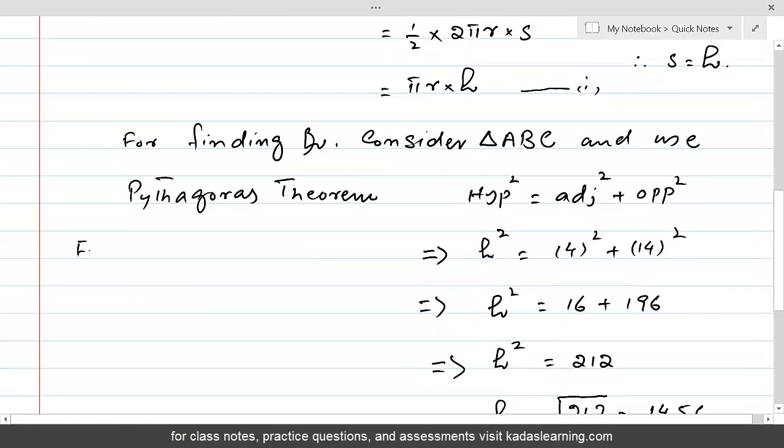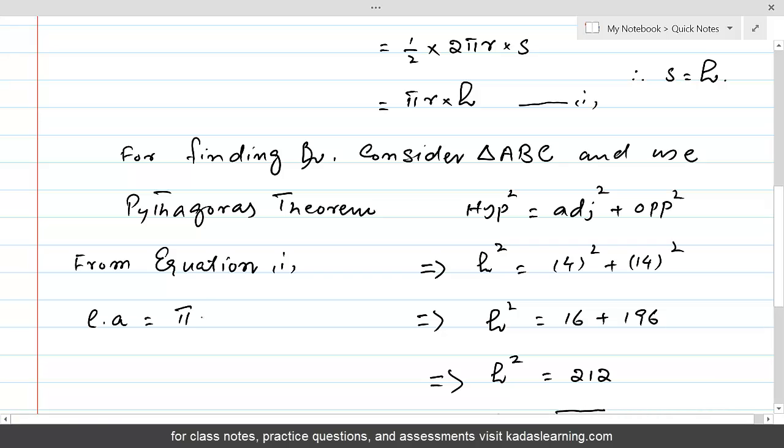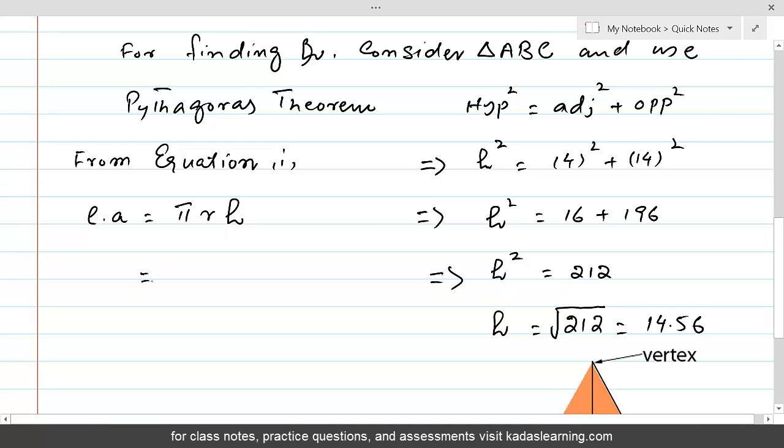Now we will use this value for slanting height and we'll find out from equation 1, lateral area is equal to pi r h. The value for pi is 3.14 times r is 4, and h we have just calculated, that is 14.56.